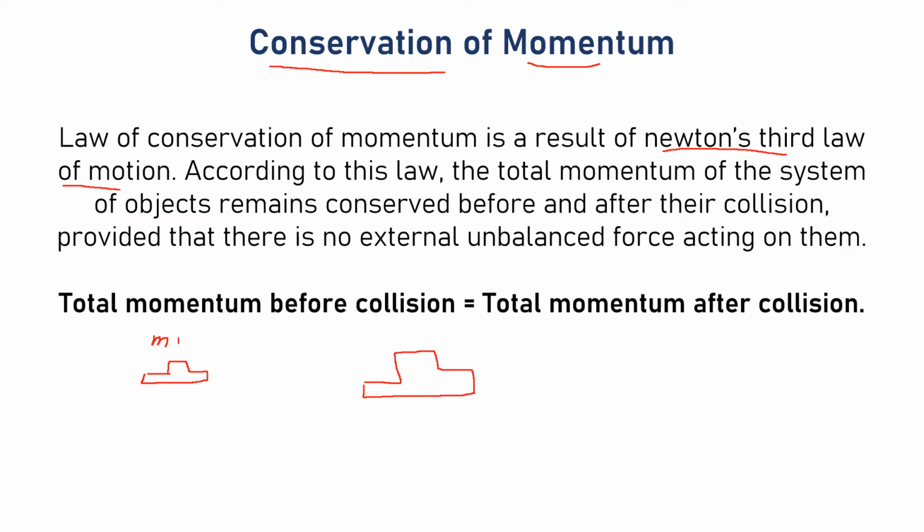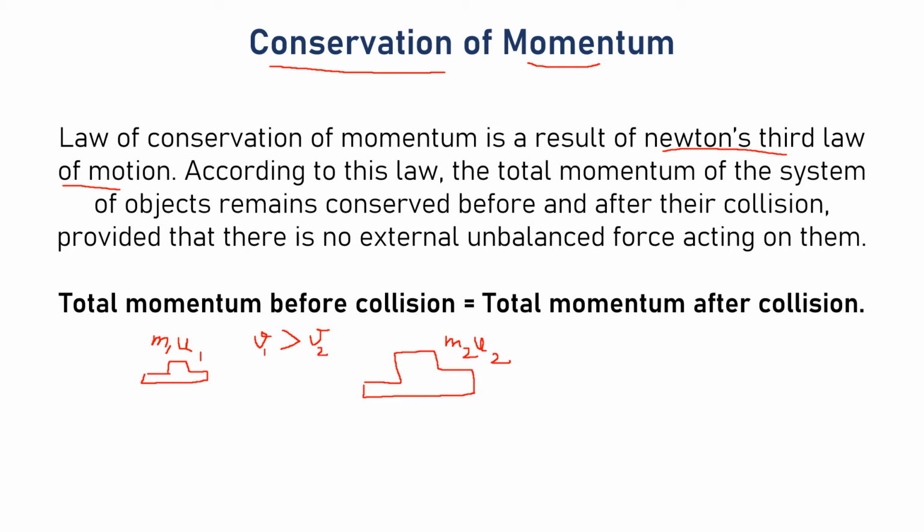Let's take the mass of the small car as m1 and its velocity u1, and the mass of the bigger car as m2 and its velocity u2. Here the smaller car is moving with greater speed than the bigger car.